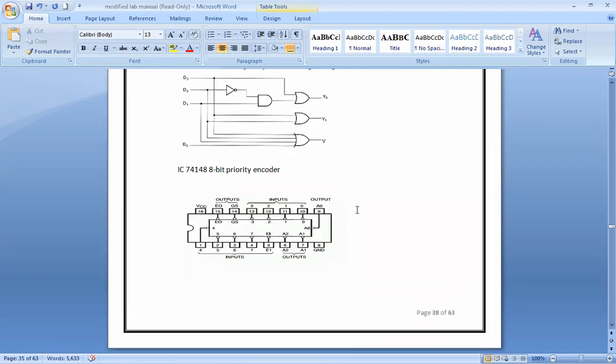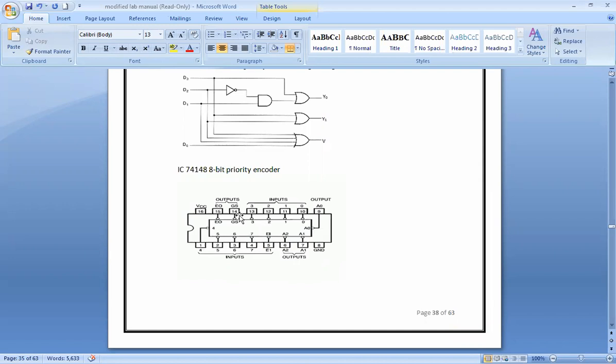So this is the IC which is actually used for the 8-bit priority encoder, which is the 74148 IC. Your inputs are going to be here. You will have 4 inputs, and here another 4 inputs.